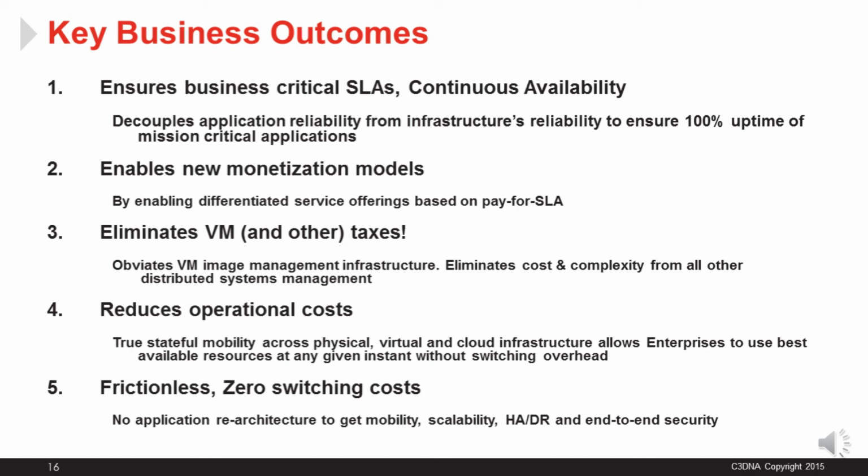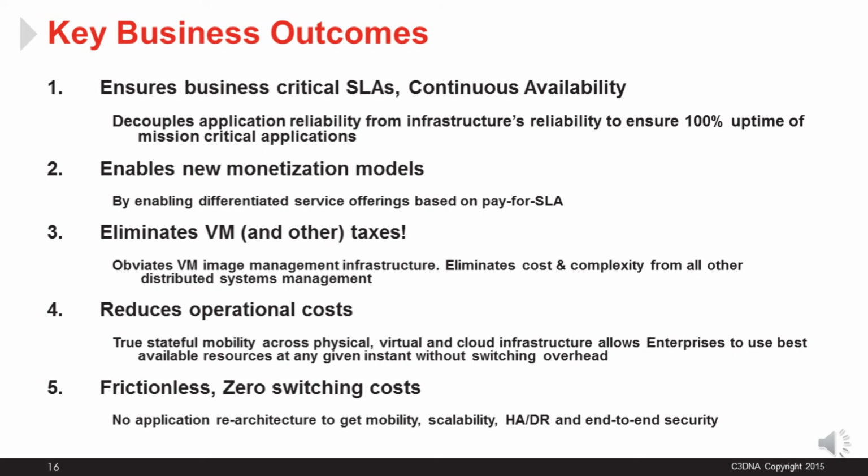By enabling differentiated service offerings based on pay for SLA, you can essentially provide platinum, gold, and silver types of infrastructure. It obviates the VM image management infrastructure, eliminates cost and complexity from all other distributed systems management tools and myriad management infrastructures. It reduces mostly the operational costs.